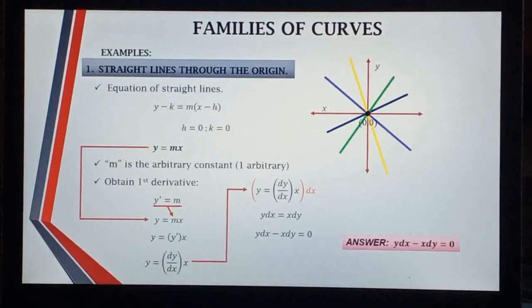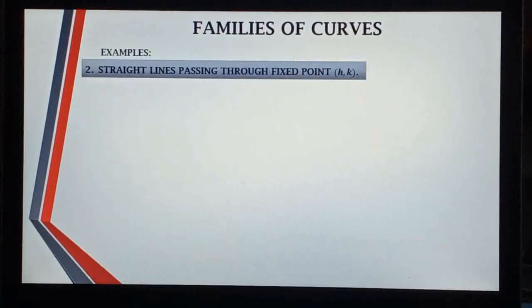Now let's go to example number 2. Example number 2 talks about straight lines passing through a fixed point, which is the h and the k. So any straight lines na dadaan sa fixed point, which is h and k yung value. So let's say you have your Cartesian coordinates again, the x and the y.